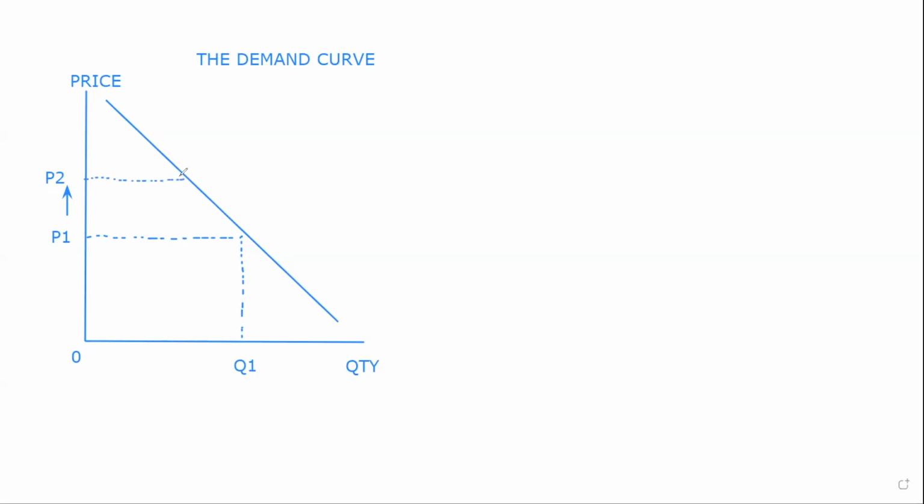Okay, so it stops here. Right here it stops. And I'm going to be demanding Q2. It was originally at Q1, but look, it went to Q2, closer to the zero.